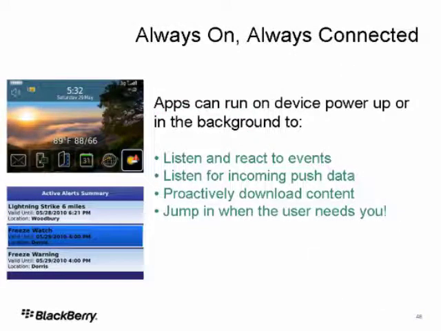Let's say you write an instant messaging application. On other platforms, what you have to do is constantly ping the servers. Are there any new messages for me? So what does it do? It kills your battery life. And if you are roaming, imagine the charge you will have because of the amount of data transport.